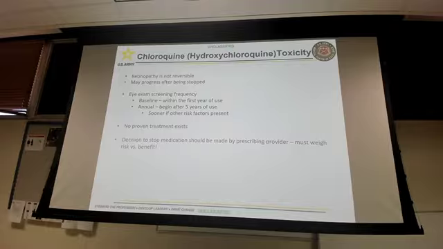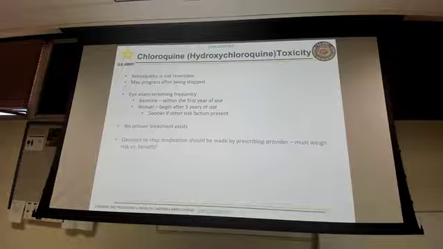So for screening, when you send your patient to us in the eye clinic, within the first use of the medication, we would get a baseline. And then we would monitor them annually starting at 5 years of medication use. And we would change that frequency depending on other risk factors if present.